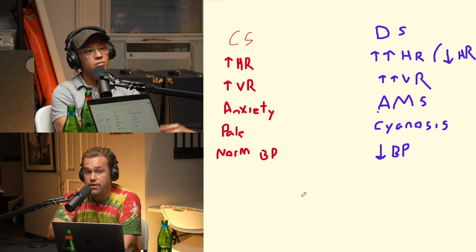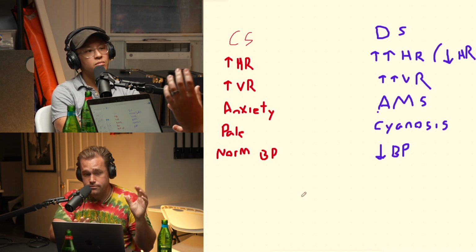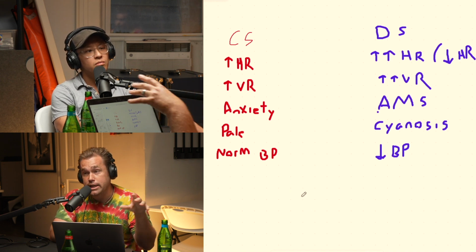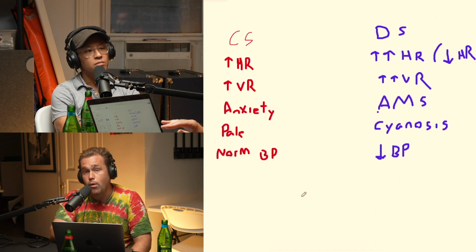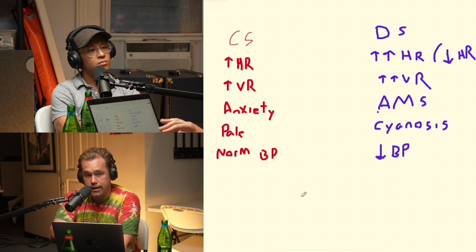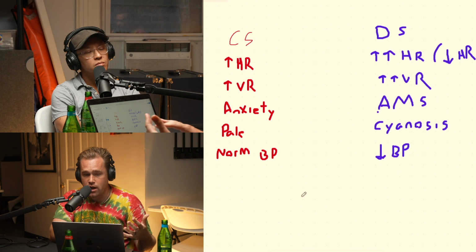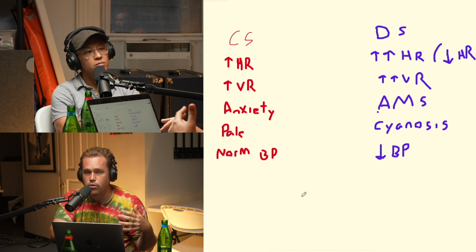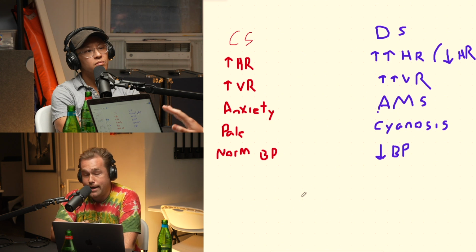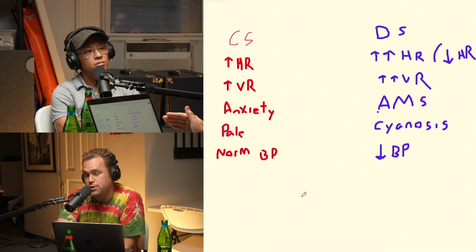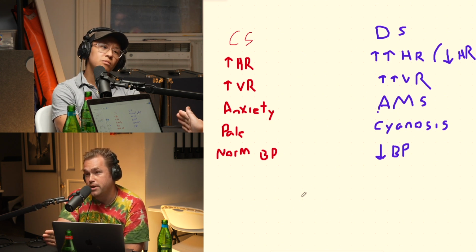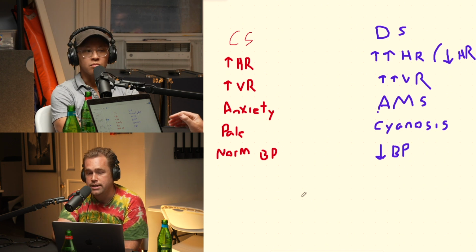So the next thing we want to do is, if they need oxygen, give them oxygen, right? We don't want to over-oxygenate somebody. If someone's truly in shock, you're going to get a low SpO2 reading because you're going to have low perfusion.